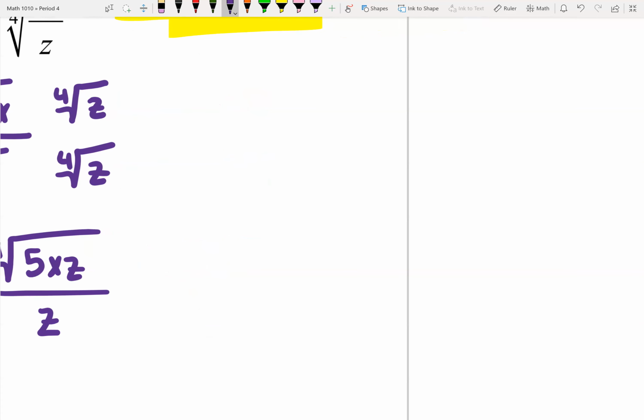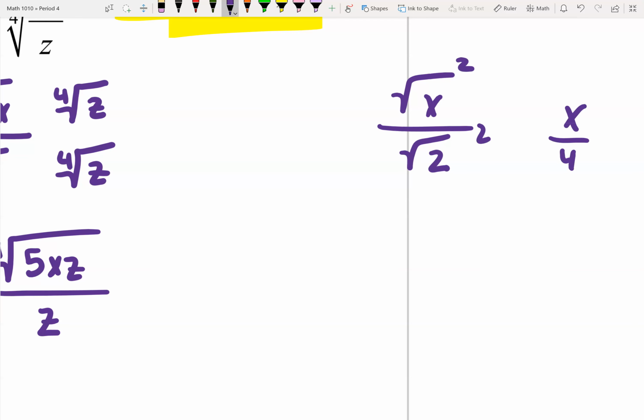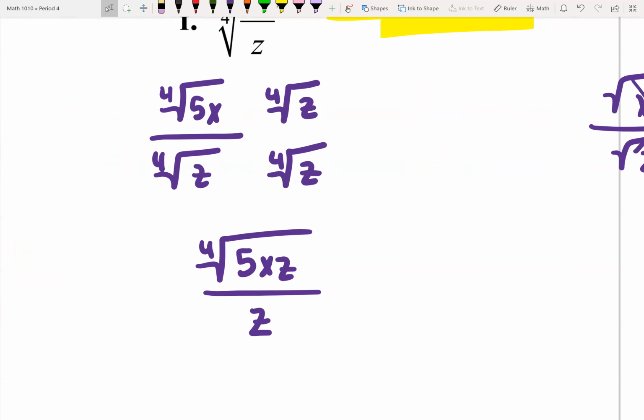Like if you have the square root of x over the square root of 2, they'll square both and they get x over 4, and that's false. When's the only time, guys, you can square a square root? When you're solving, and we are not solving, we are simplifying. So no, you cannot.